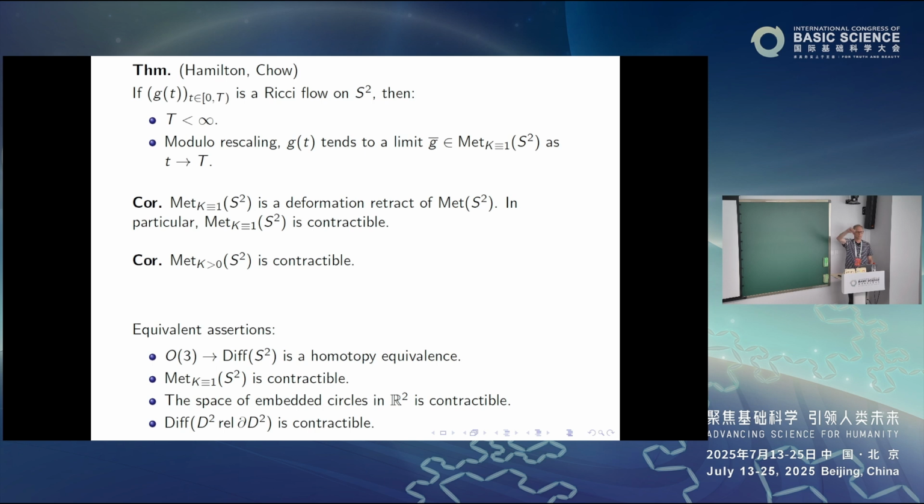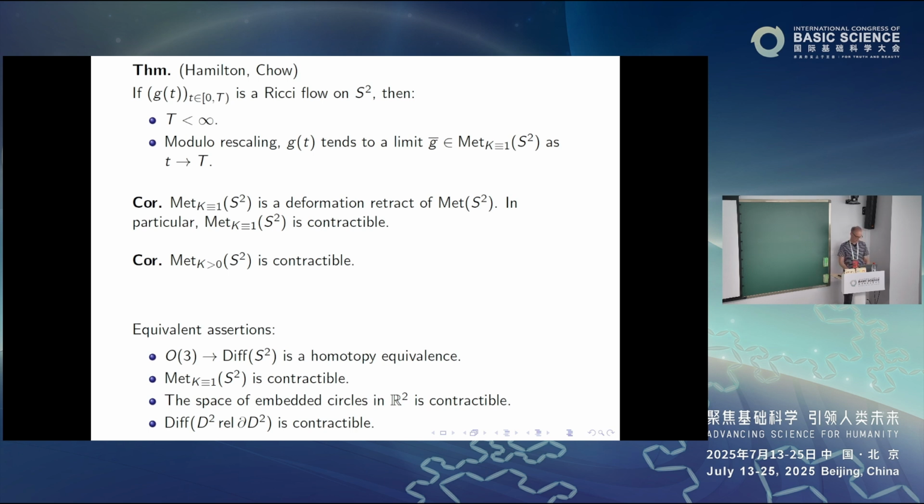Think about the space of all embedded circles in the plane; the contractibility of that is an equivalent statement. Or you can look at Diff of the disk around the boundary, in other words the group of diffeomorphisms of the disk which are the identity on the boundary, that's contractible. In fact, that's the assertion that Smale used together with a very clever dynamics argument.